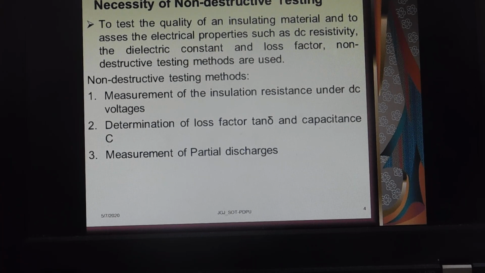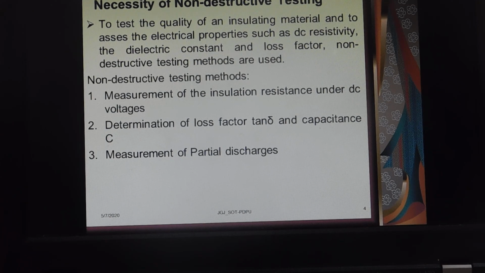So in short, non-destructive testing methods are used to test the quality of insulating material and to assess the electrical properties, for example DC resistivity, dielectric constant, which means permittivity, then loss factor or dissipation factor. Various non-destructive testing methods are used to assess these properties without performing the high voltage test.